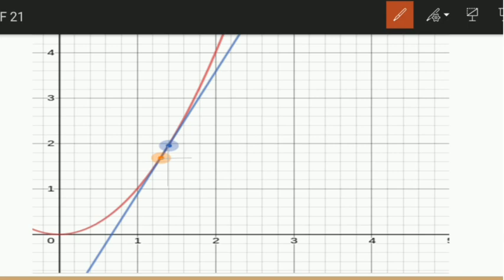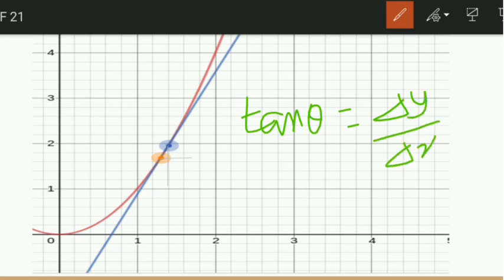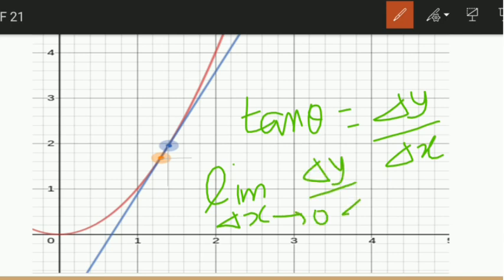We know that the slope or tan theta is delta y by delta x. So what we did was we took the limit of this delta x to 0 and we found delta y by delta x.